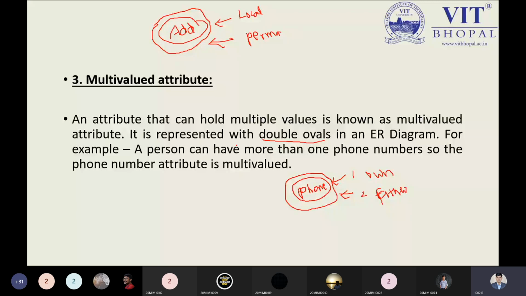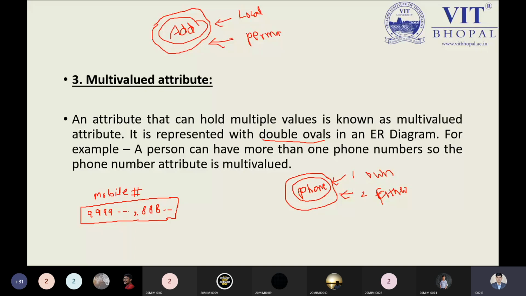Suppose we have the mobile number. Instead of putting one detail, like 999 and so on, I'm using a comma and also keeping the other information, like 8 and so on. One number belongs to you and the other belongs to your father's contact number. So instead of a single mobile number, I'm keeping multiple information.